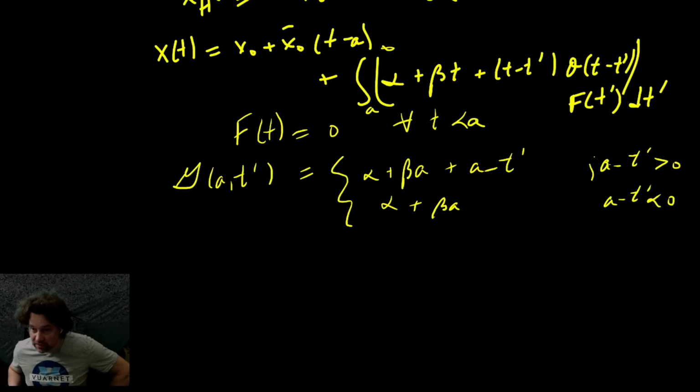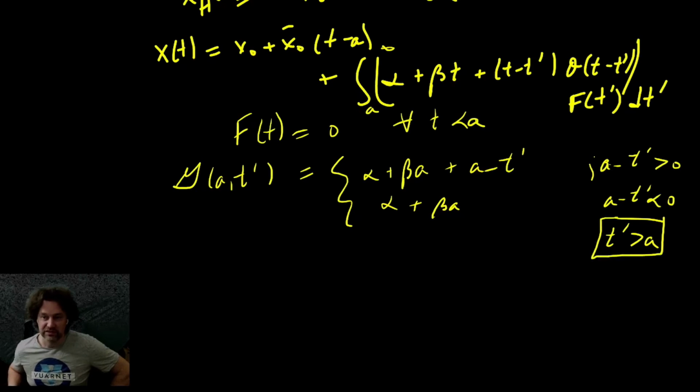So a minus t prime less than 0 means that t prime is greater than a. So this is in the region of our integration. So that is part of the domain of interest, whereas matching boundary value constraints for this section of the interval, which is t prime less than a, is not very interesting.